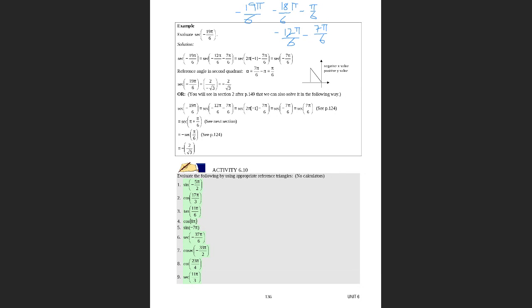Then minus 12 pi over 6 is minus 2 pi. So because of this minus 2 pi, once it revolves, it comes to the same place. So this one is the same as sec of minus 7 pi over 6.